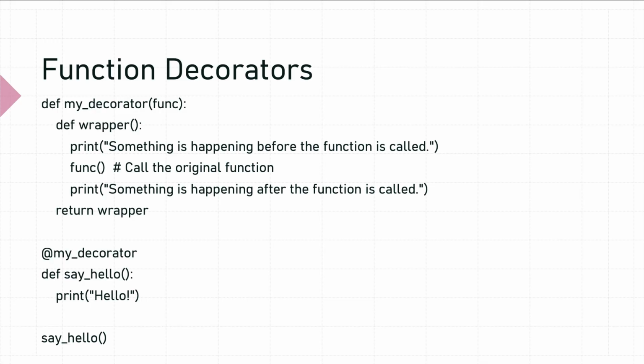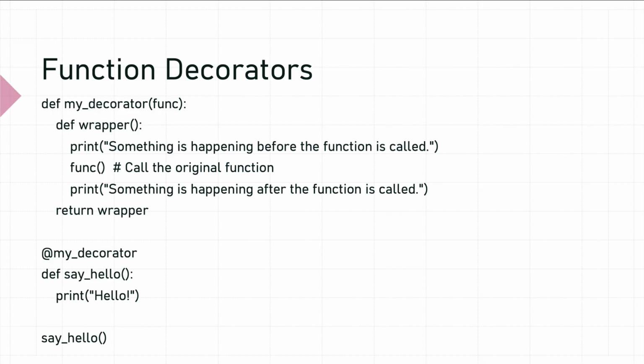Then we use the @my_decorator just above the say_hello function definition, which is like saying apply the my_decorator to the say_hello function. So when we call say_hello, it's actually the wrapper function that gets executed, and it surrounds the original say_hello function with extra behavior.